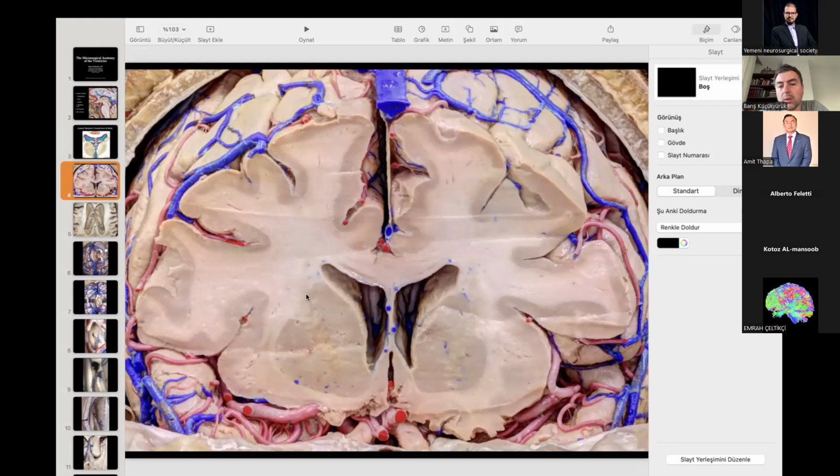This coronal cut through the ventricles, through the basal ganglia and insula, is done anterior to the foramen of Monro. So what we see here is the frontal horn of the lateral ventricle. Again, the roof is formed by the corpus callosum. You see these passing fibers here.